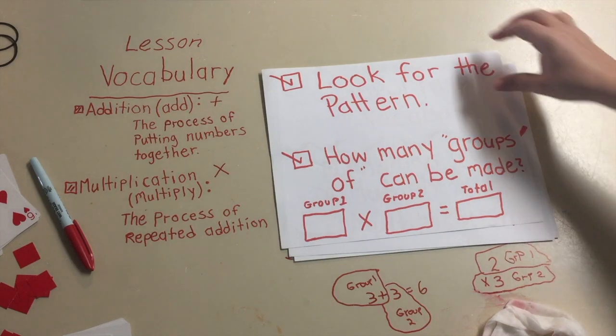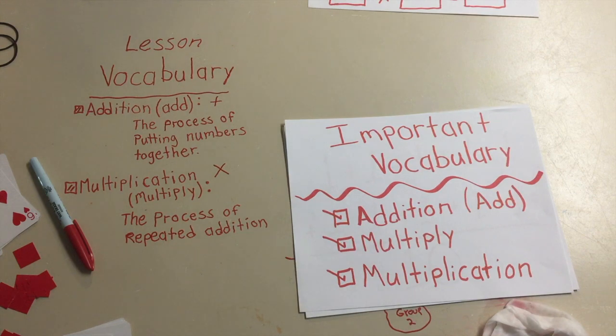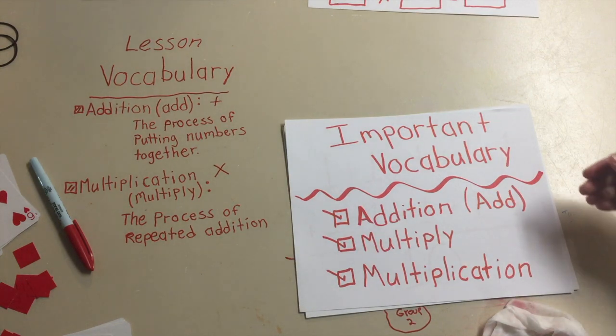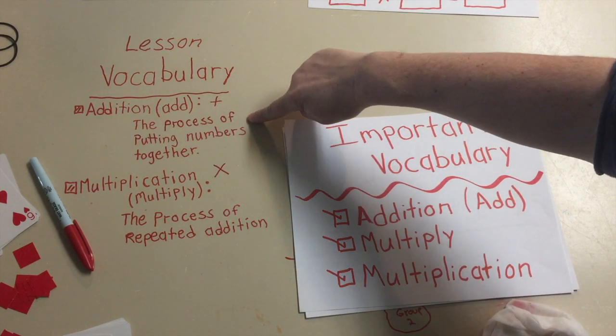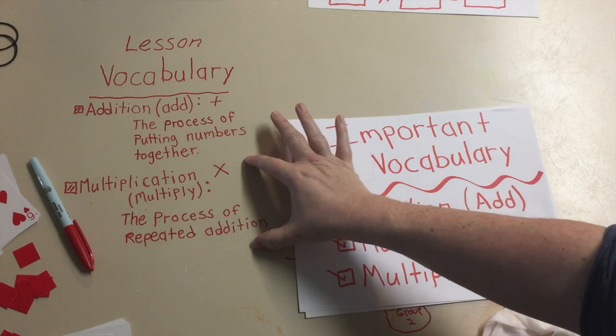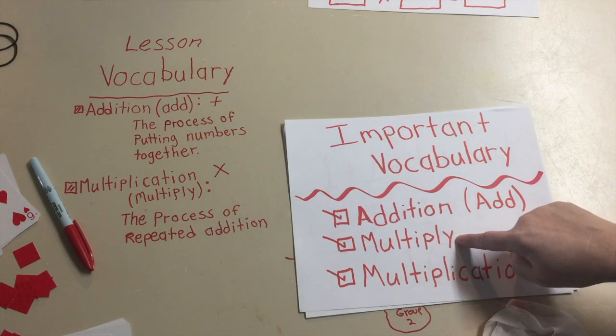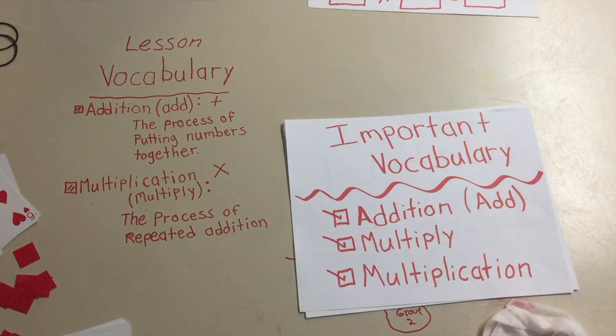And again, let's go over our important vocabulary. Addition is the process of putting numbers together. We learned that before when we talked about addition. And then today we learned that multiplication is the process of repeated addition, and that we multiply, or we times.